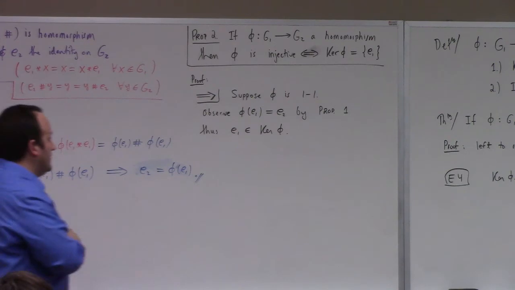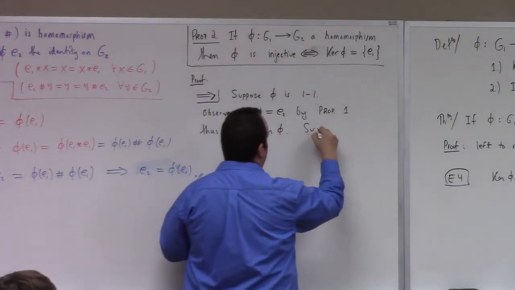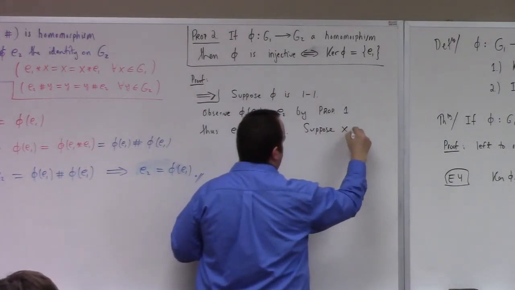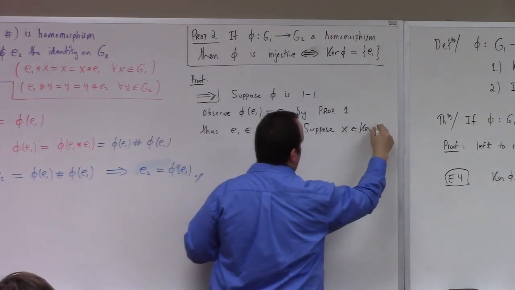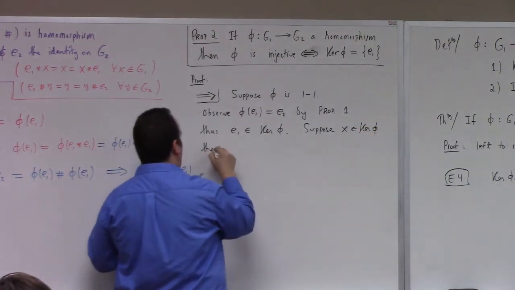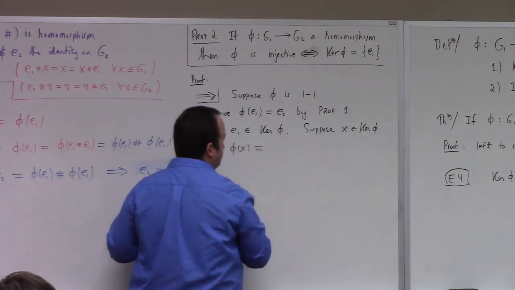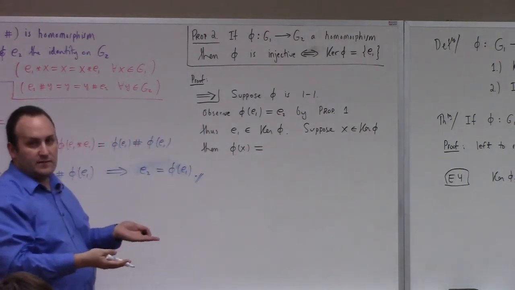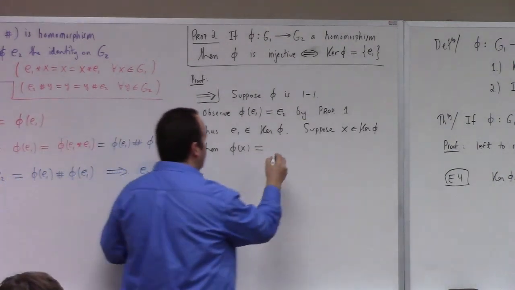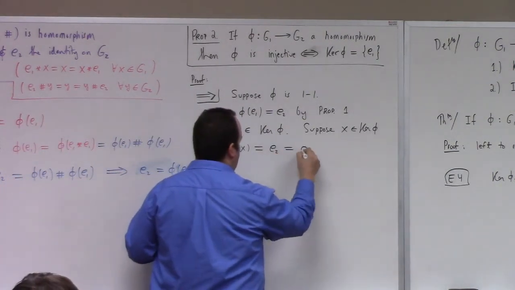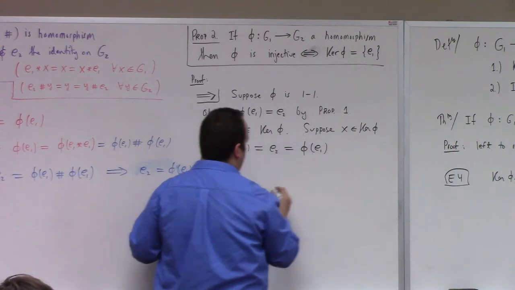Now what? Suppose x is an element of the kernel of phi. Then what's that say? That says phi of x is equal to, by definition, E2. But by the way, that's equal to phi of E1.